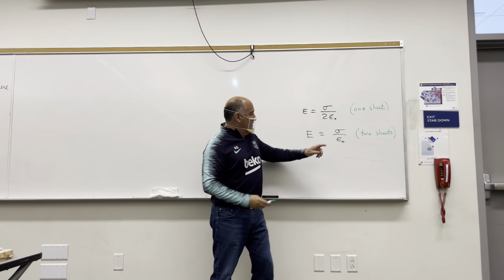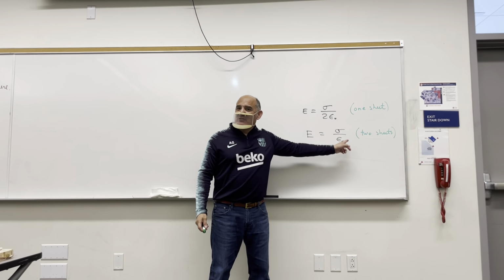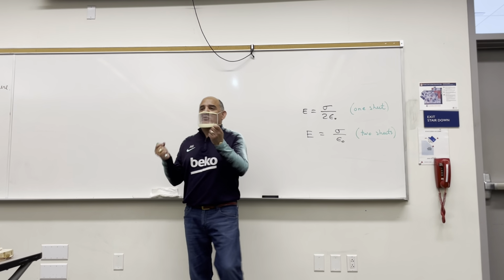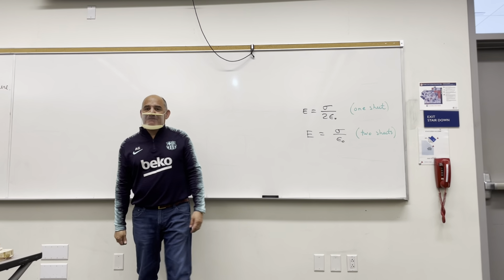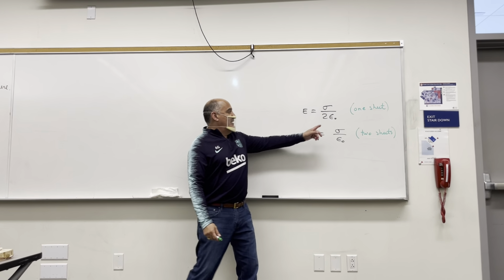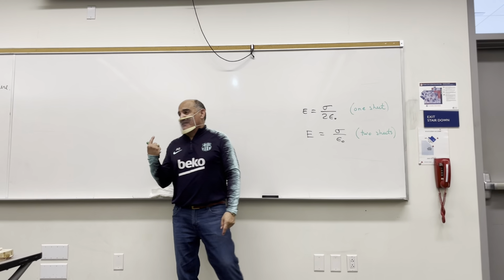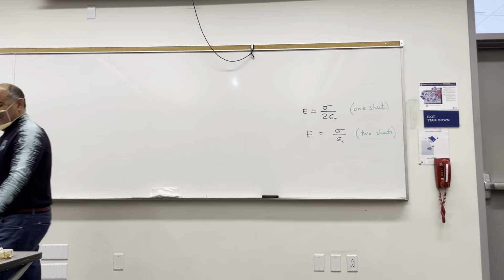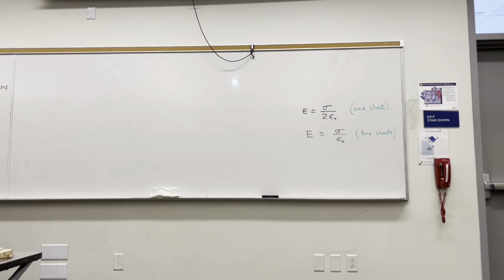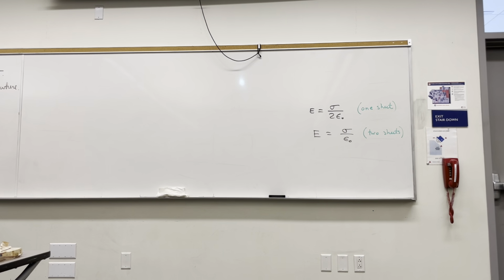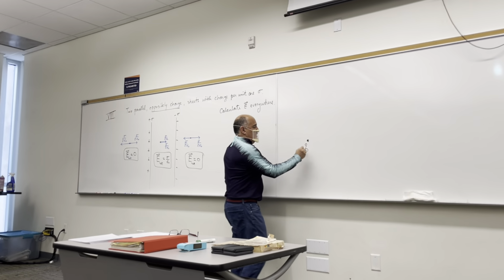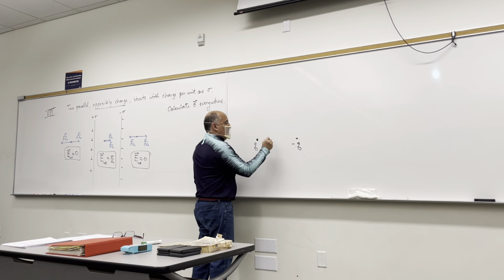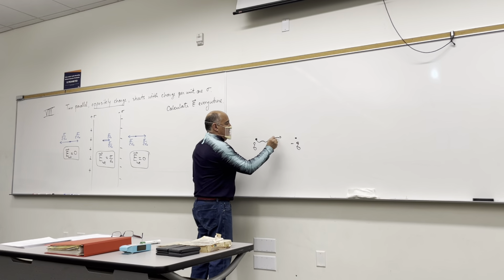So notice, if there's no 2, it's because it's due to 2 sheets. Because each one contributes a half. And a half plus a half is 1, and the 2 disappears. And if there's a 2, well, it's only one sheet. It's confusing, but maybe it is, maybe it isn't. What I do, would I remember the result, for example, if I have a point charge Q here and a negative point charge over there, and I want to know the electric field halfway between them, right?